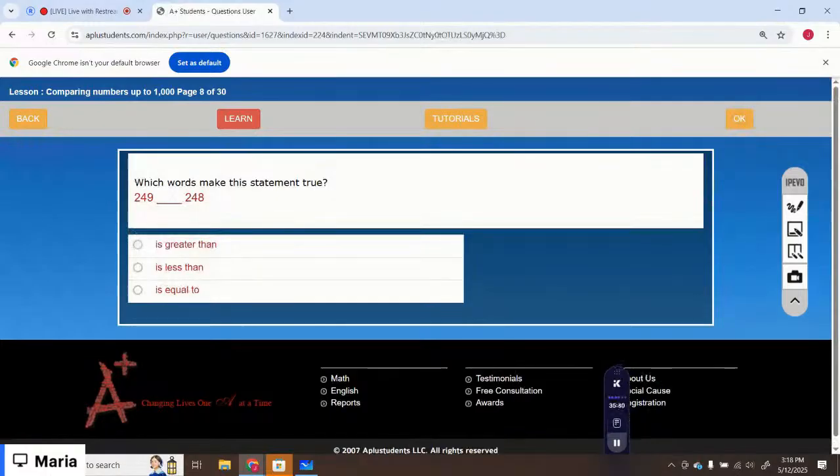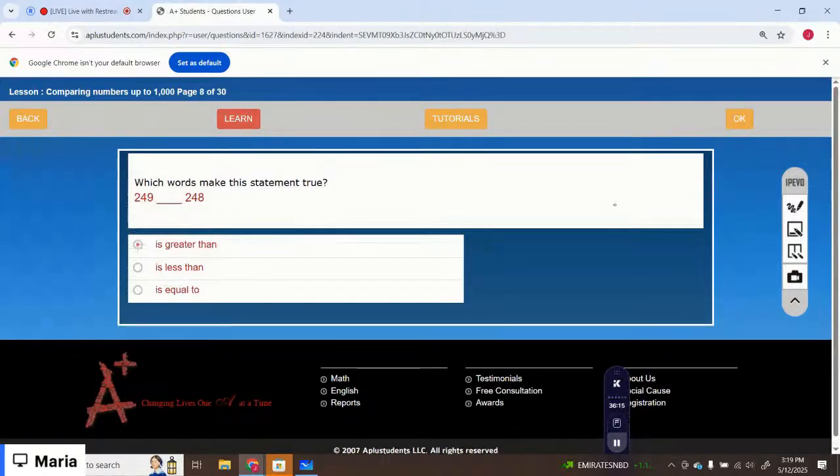Which words make the statement true, 249 and 248? 249 is greater than 248.